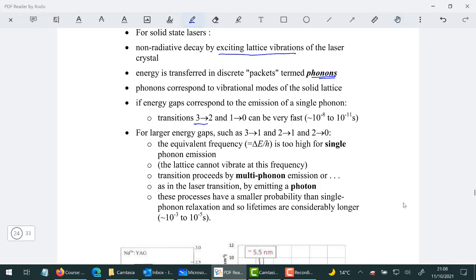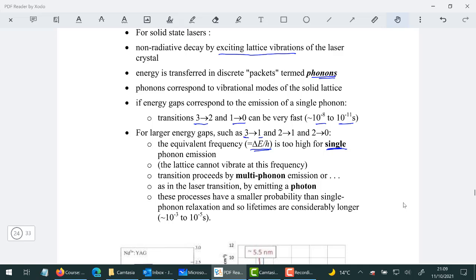So going from level 3 to 2 or level 1 to 0, as long as the gap isn't too big, these can have very fast transitions. For large energy gaps, if you're going from level 3 into level 1, for example, then that's too much energy for a single mode of vibration of that crystal lattice.